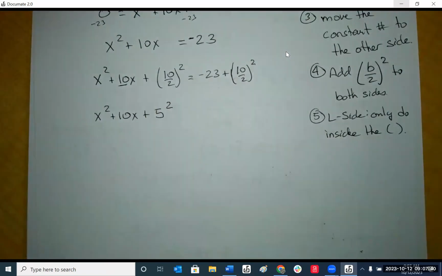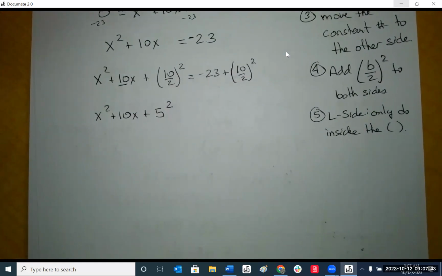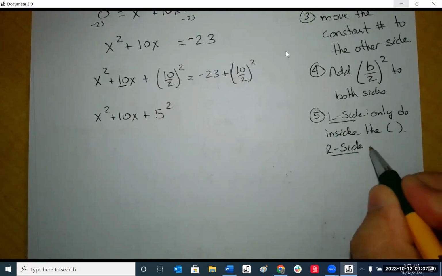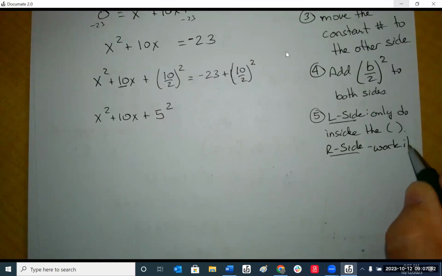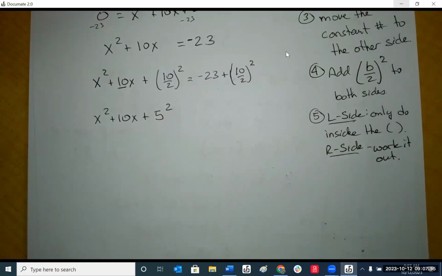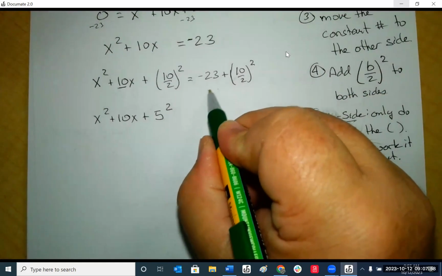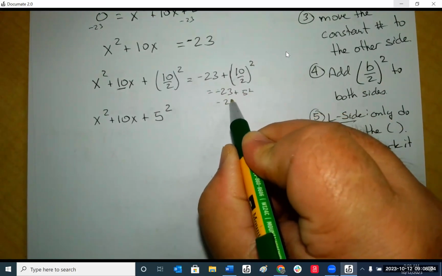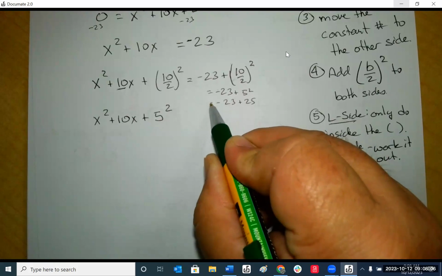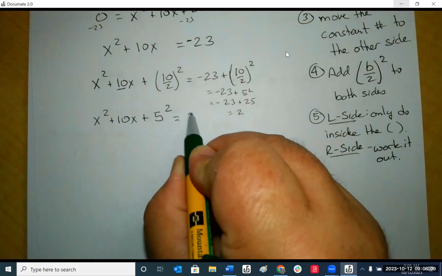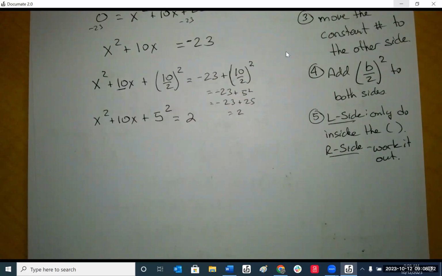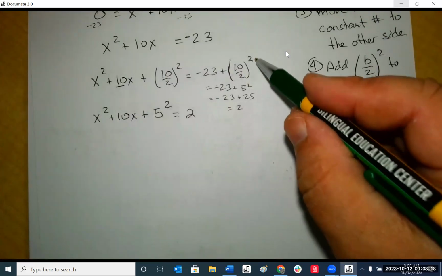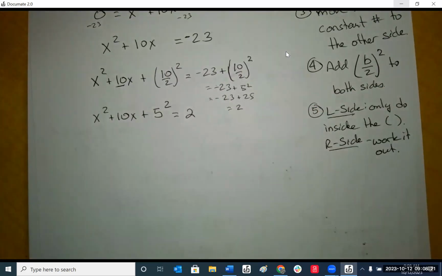Ten divided by 2 is 5. So leave it squared. The right side, work it out. So we have negative 23 plus 5 squared, negative 23 plus 25 equals 2. Ten divided by 2 is 5. 5 squared is 25. 25 minus 23.